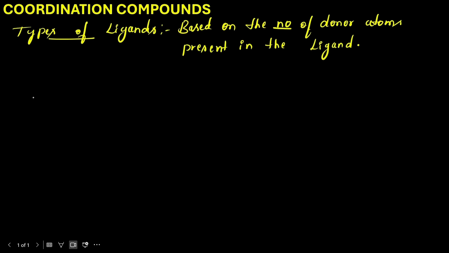First we will see what a donor atom is. Consider the ligand NH3. Here nitrogen has a lone pair of electrons and this lone pair is donated to the metal atom. In the ligand NH3, only the nitrogen is donating the lone pair to the central metal atom. Therefore, nitrogen is the donor atom.